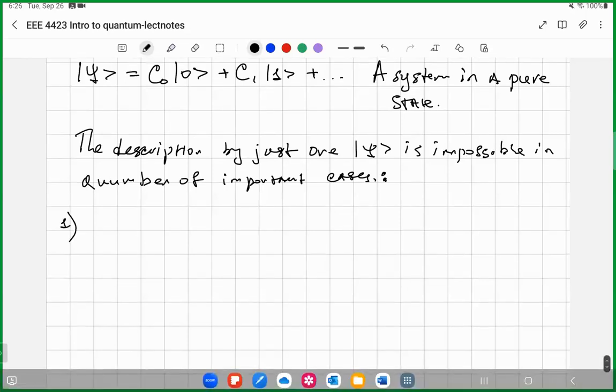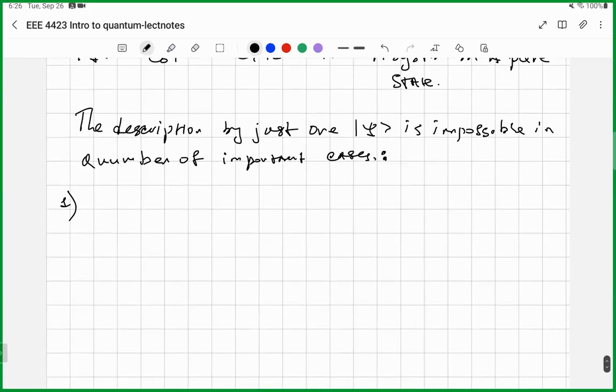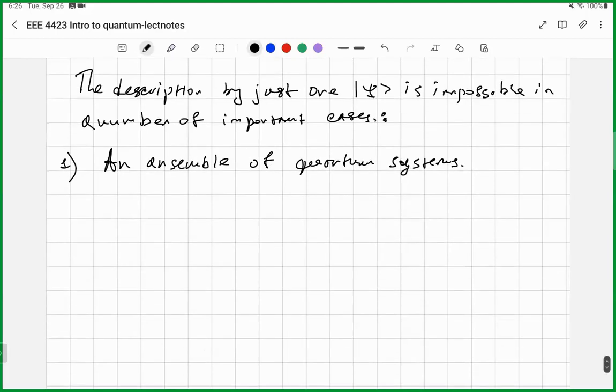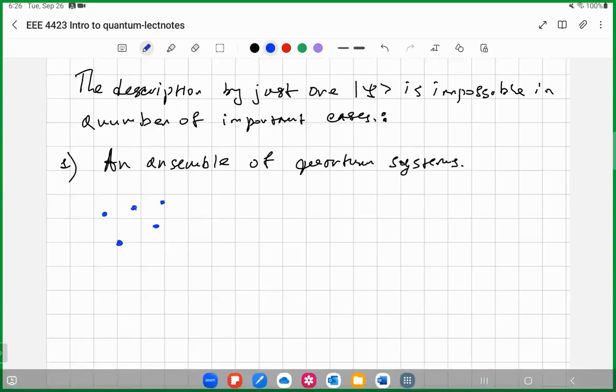One case is, for example, an ensemble of quantum systems. So let us consider an array or a group of quantum systems.